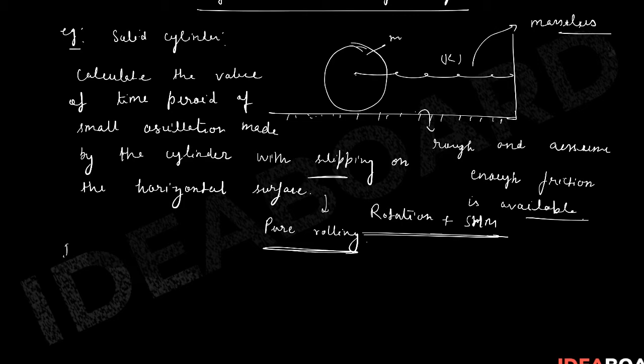So first method, so in first method what I am saying, suppose that if I draw the situation, of course for the SHM what I used to do, I will try to compress or extend.